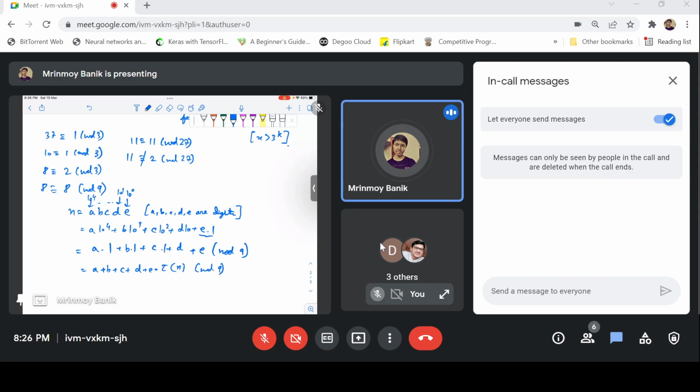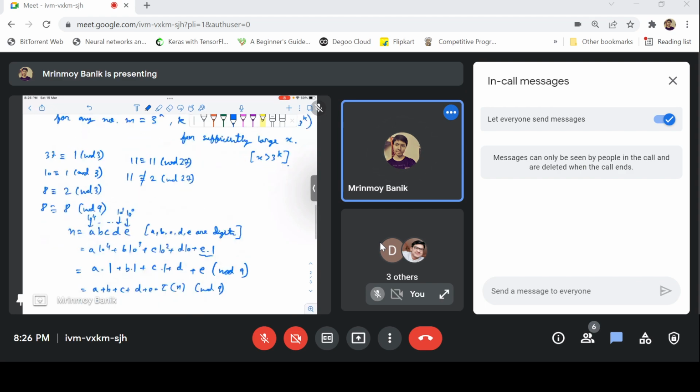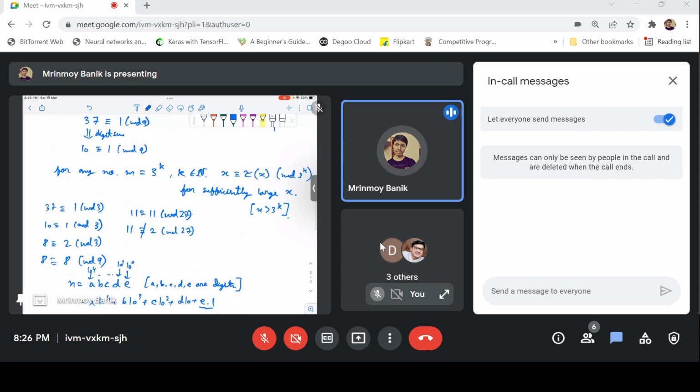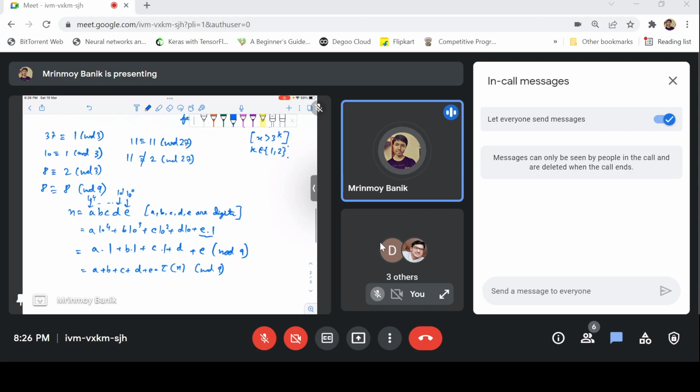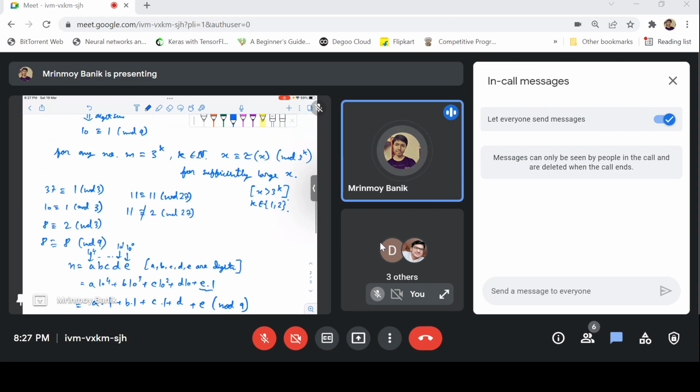So that proves the theorem for 9. Actually, this is not true for any general k, I think. So k has to be either 1 or 2. It is also true for higher values of k, but then the even places have to be 0 or something, otherwise it won't be true. Like that we have to take 99, not 3 power k.